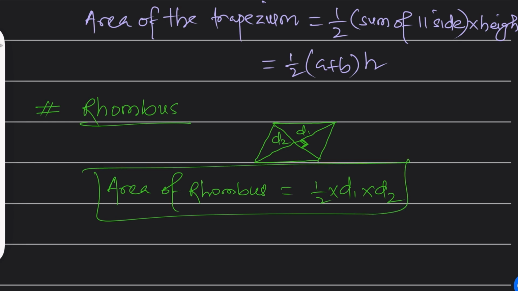Can we apply the base into height formula? Yes, if you know one side and the height, the perpendicular distance between two sides. But if height is not mentioned and diagonals are given, you can go with the diagonal formula. Keep this in mind.